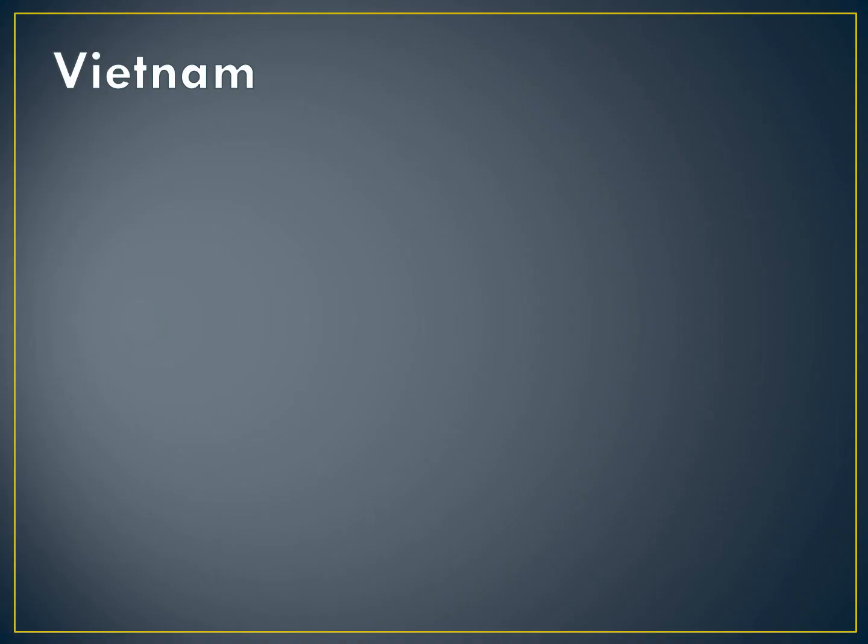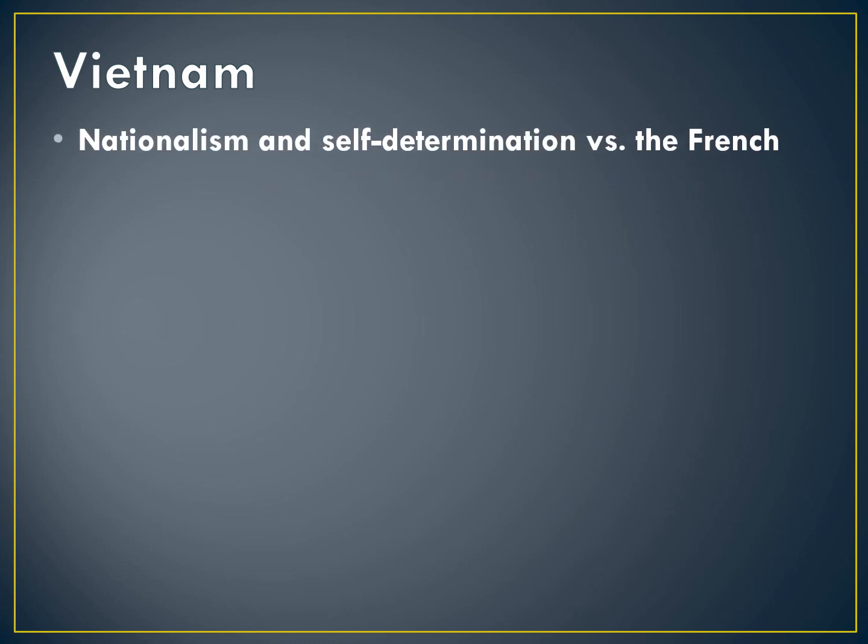Vietnam, this is an issue too. And it all starts with nationalism for the Vietnamese and self-determination for them against the French, who were kind of their colonial leaders, much like England was to the United States back in colonial America. Well, the leaders of Vietnam didn't really want that.